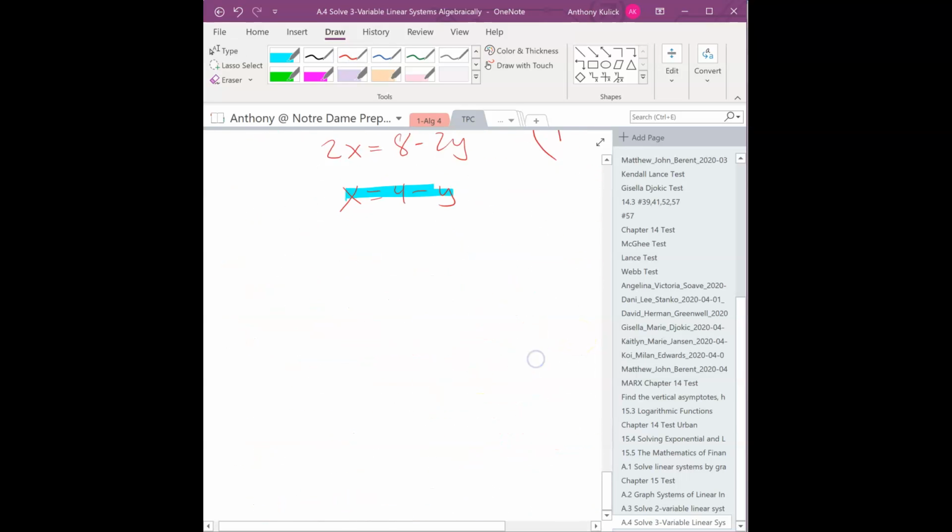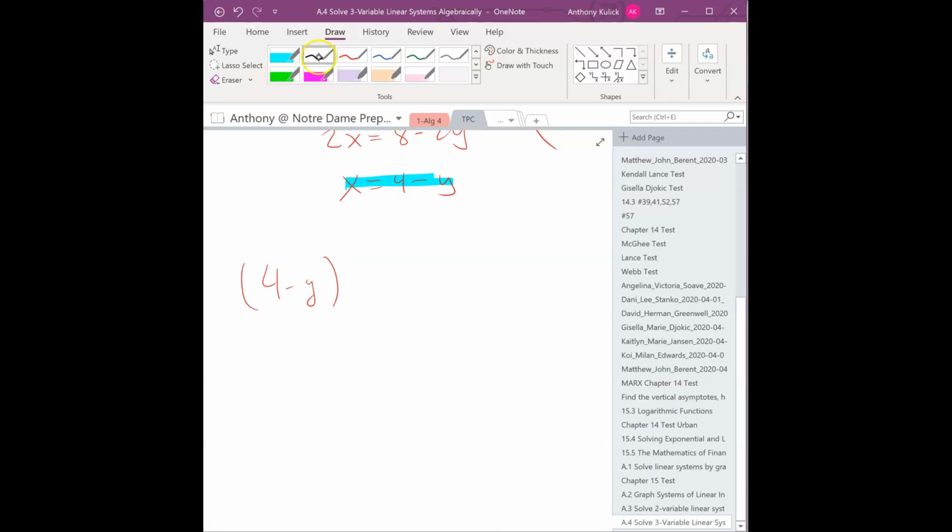So in place of x, I'm going to put 4 minus y, then I have my y, and then z is equal to 3. So what I want to do now is I just want to solve this in terms of z. So negative y plus y is 0. And then if I subtract 4 from both sides, I get z is equal to negative 1.